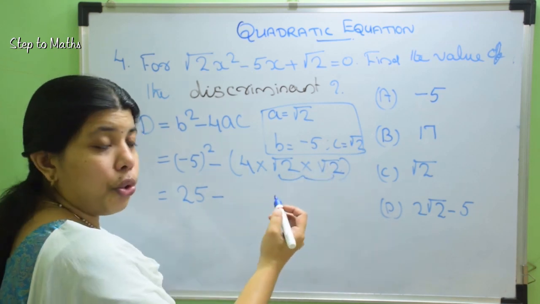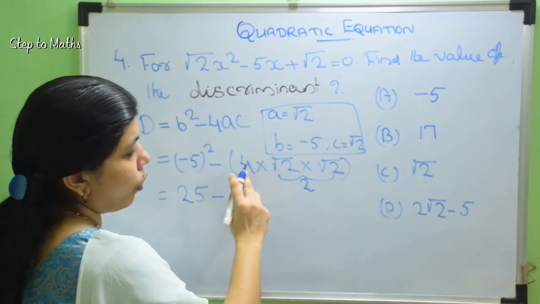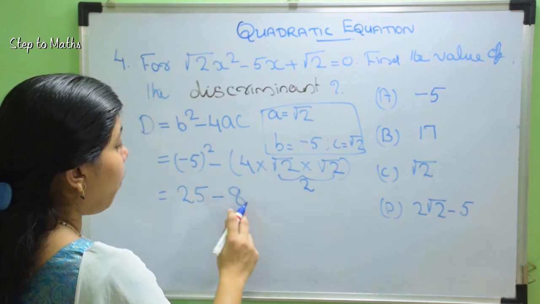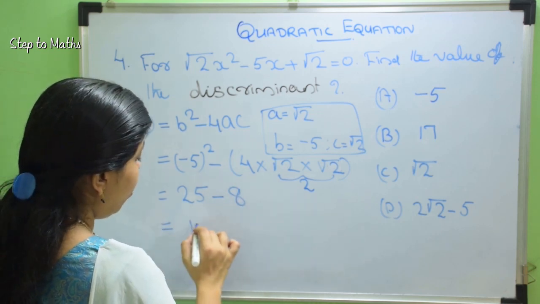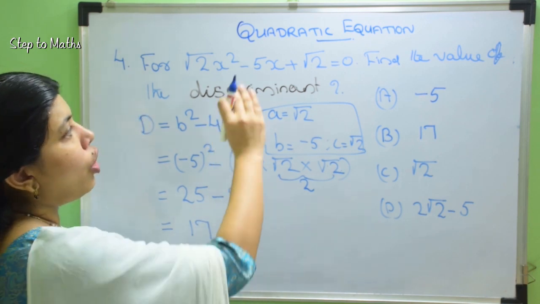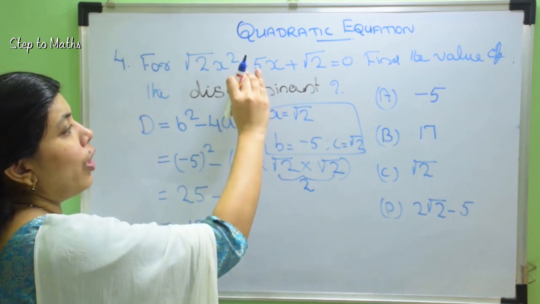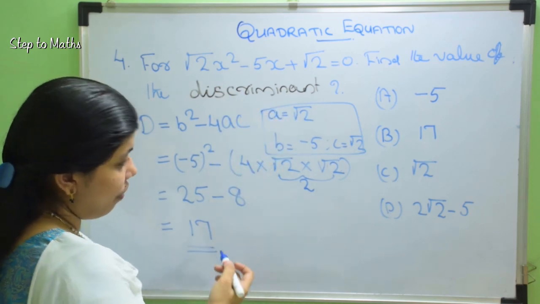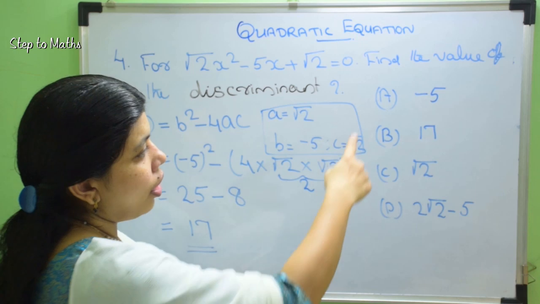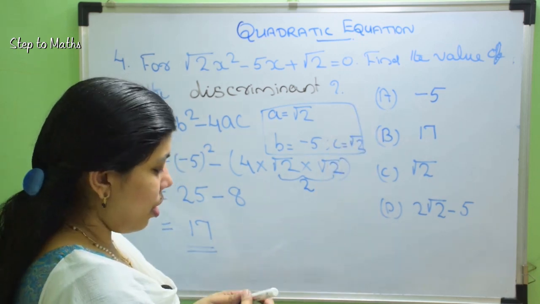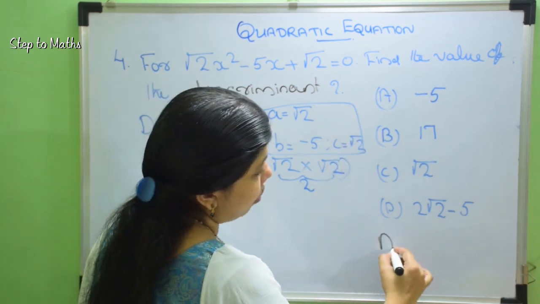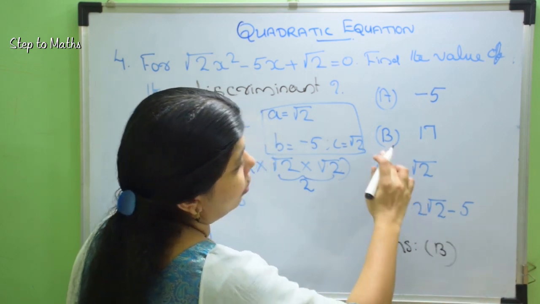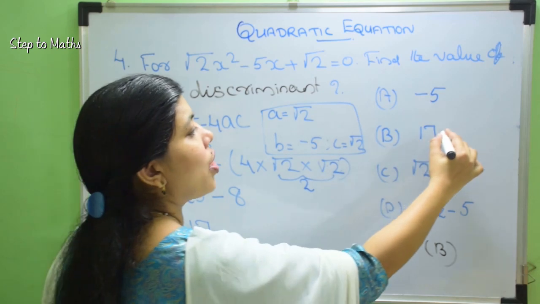Root 2 into root 2 is 2. 4 into 2 is 8. 25 minus 8 equal to 17. For this given quadratic equation, the value of the discriminant is 17. From the given options, option B is the correct one.